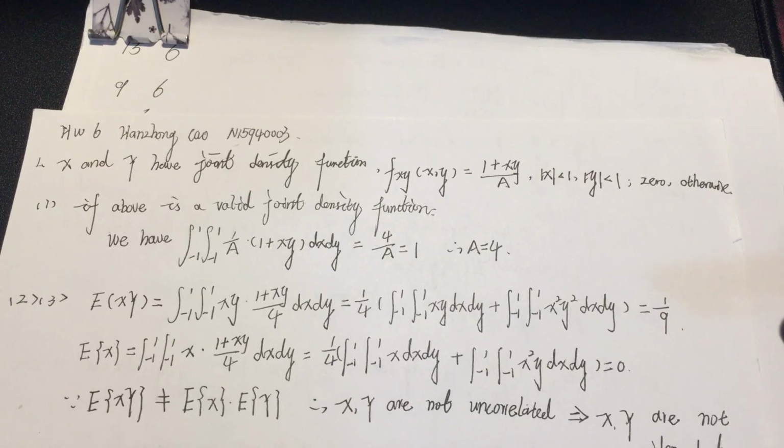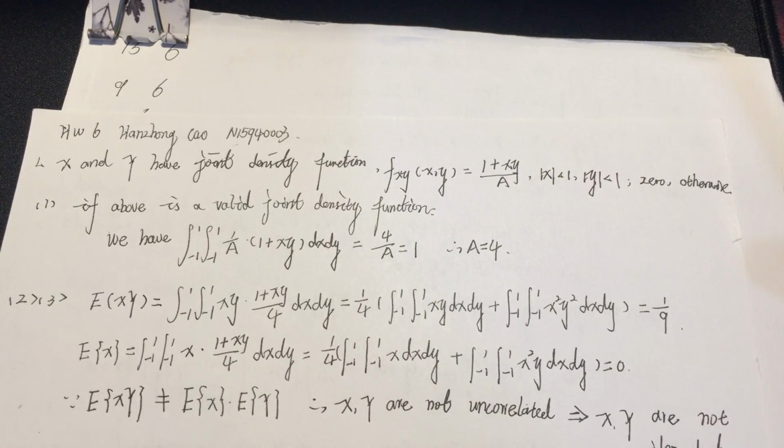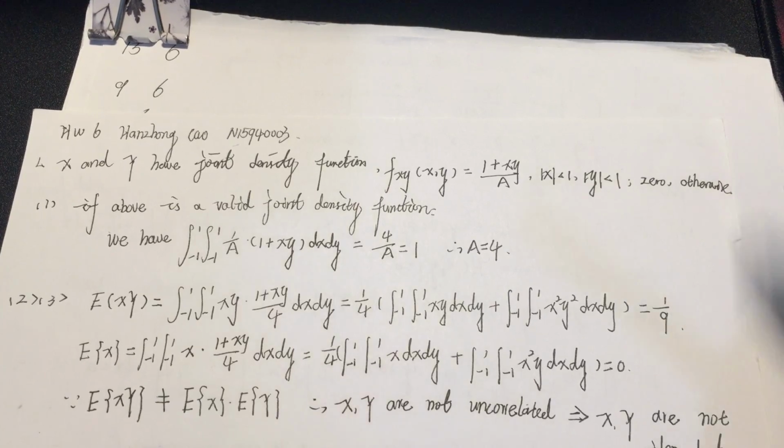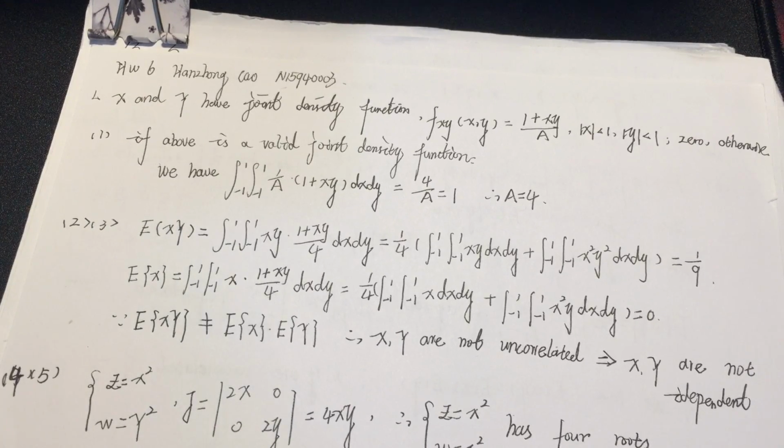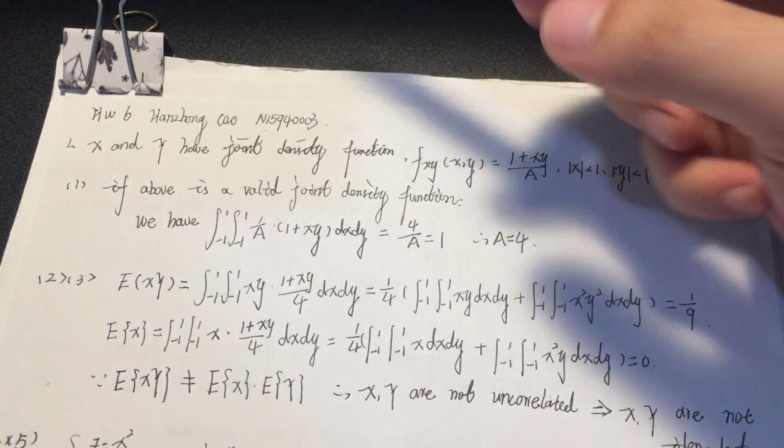The second question asks whether X and Y are uncorrelated. If we want to prove whether XY are uncorrelated or not, we have to calculate the expectation of XY and the individual expectations of X and Y. Firstly, we calculate the expectation of XY.